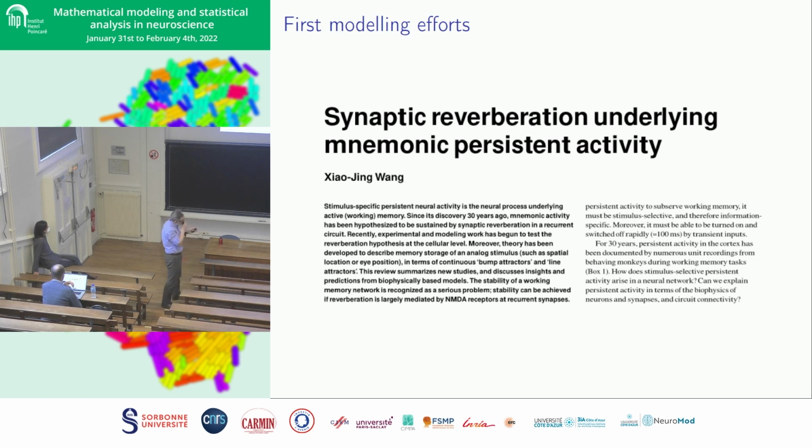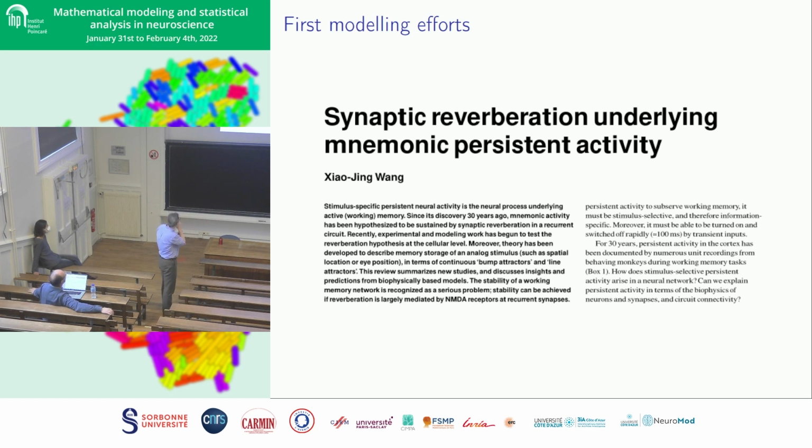So as soon as people started working with more dynamical models than the Hopfield network, people like Daniel Amit and Misha Tsodyks, one of the first questions that they started to clarify was this persistent activity.